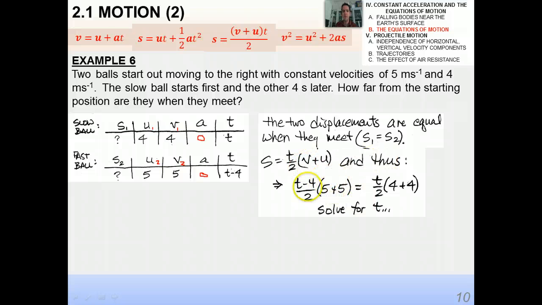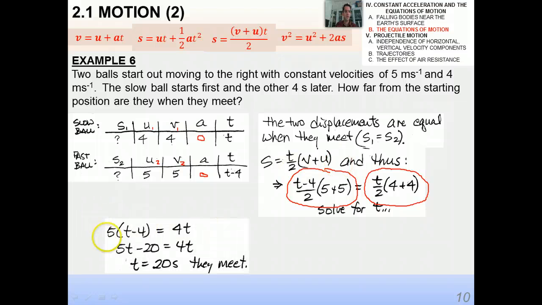This expression right here is s2 for the fast ball, and this expression right here is for the slow ball, s1. All I do is solve for t. This algebra should be really simple for you. If you're having trouble with the algebra, you should come see me or just brush up your algebra. I expect this to not be a problem for any of you. I get 20 seconds is when they meet.